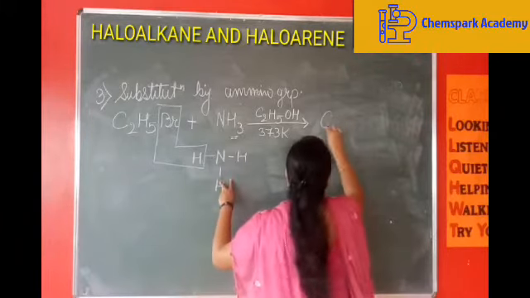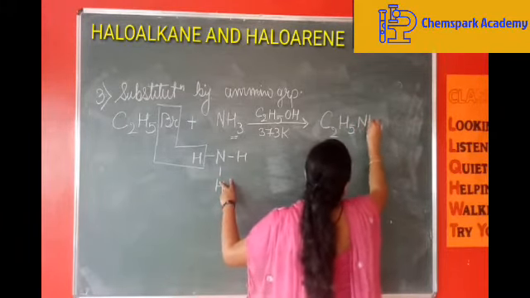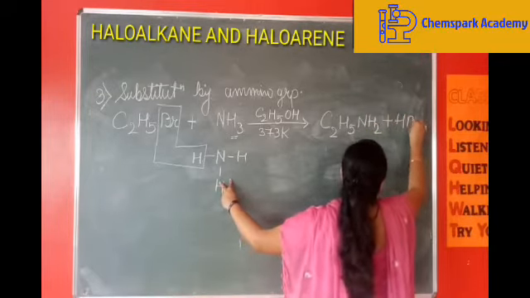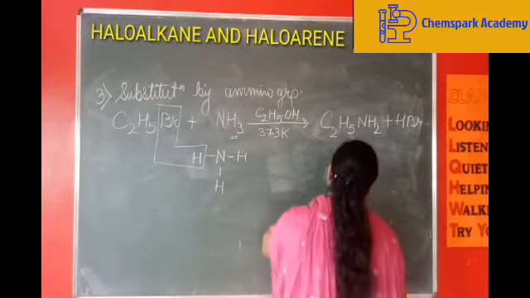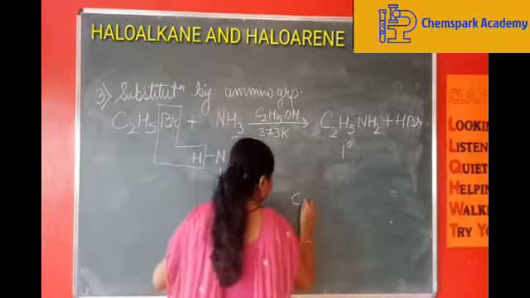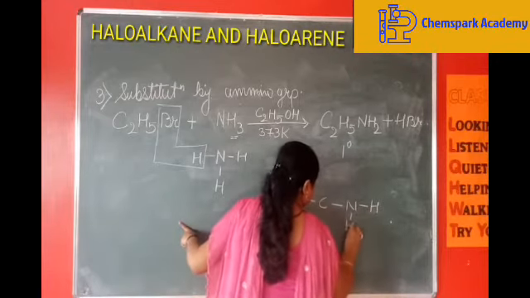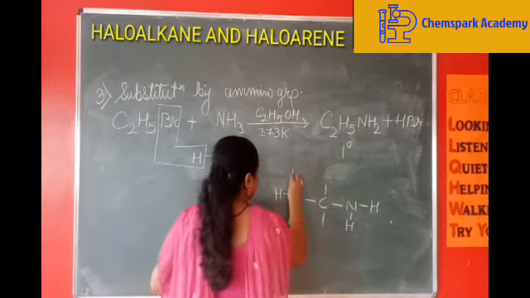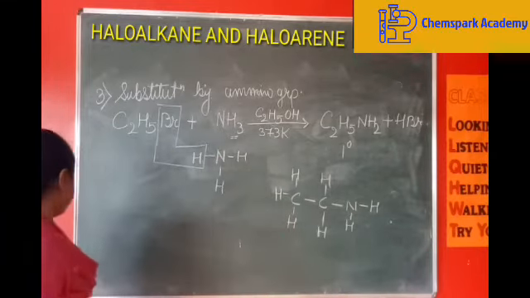So we obtain C2H5NH2 plus HBr. This is the primary amine.